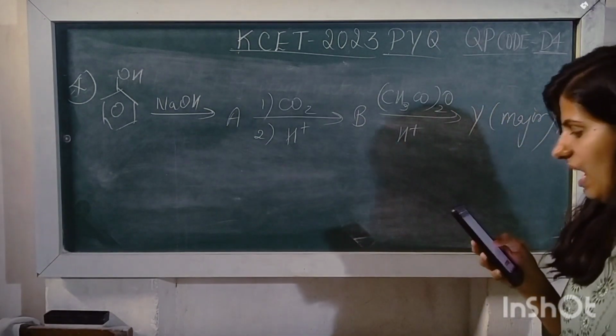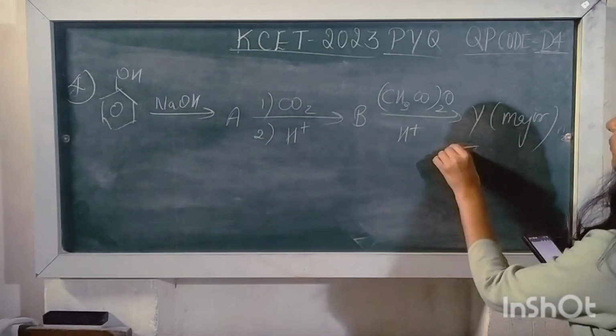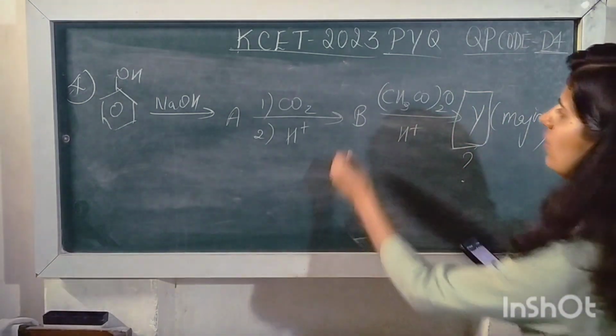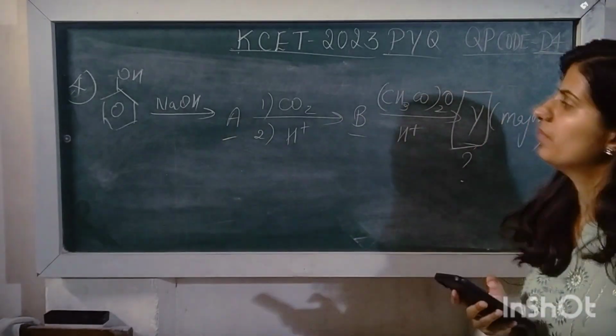They have asked what Y is here. So we must first solve what A and B are, right?